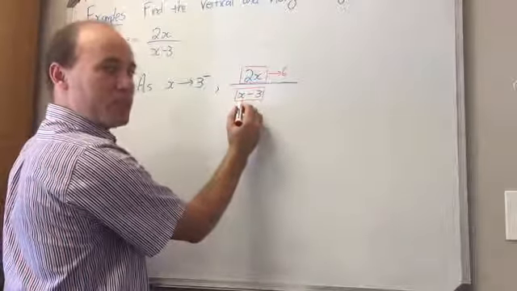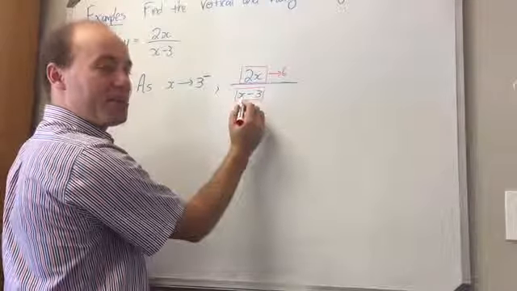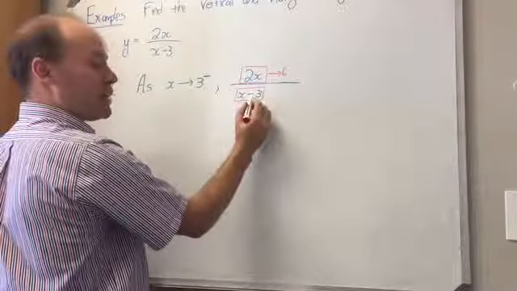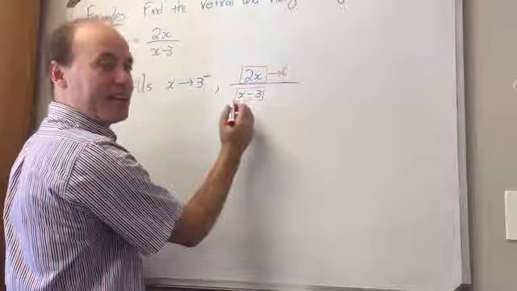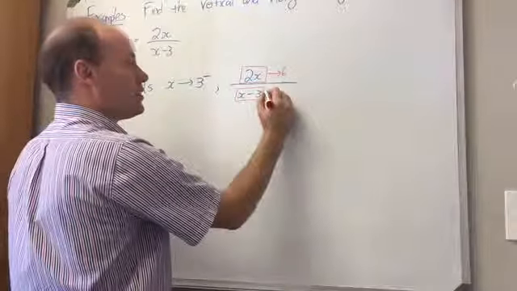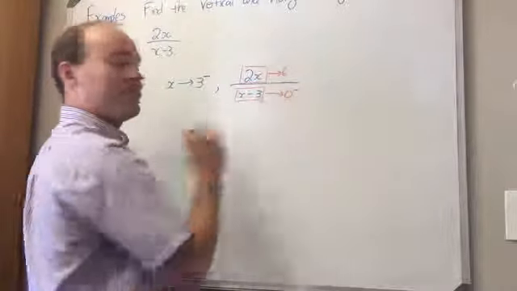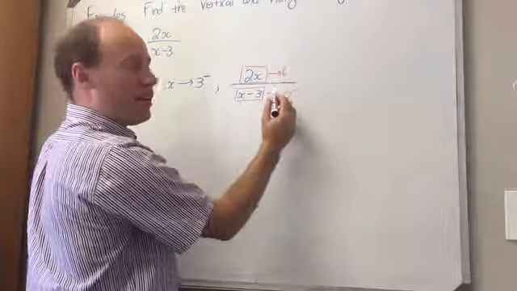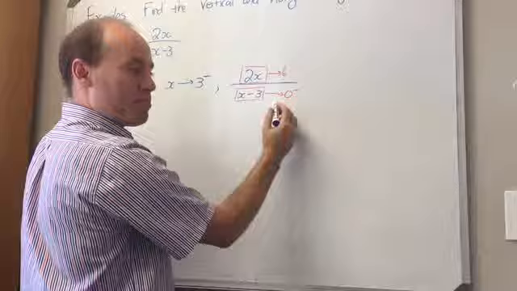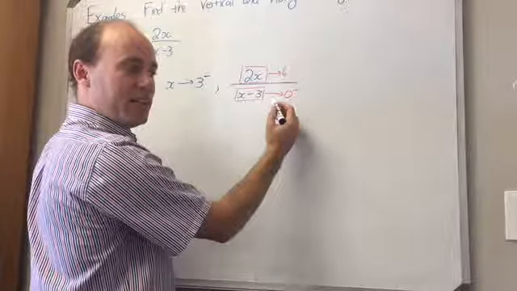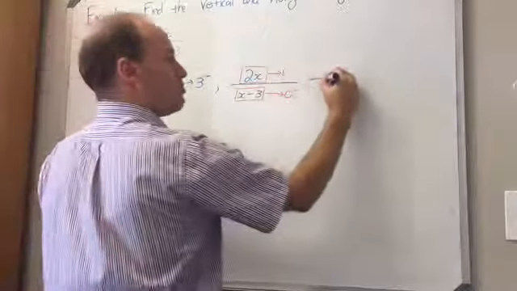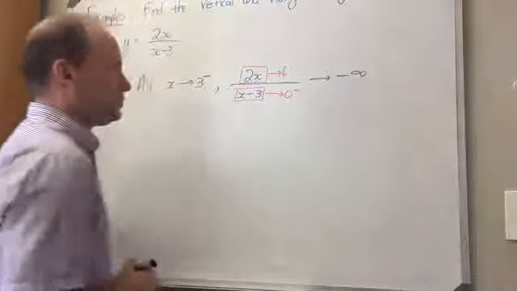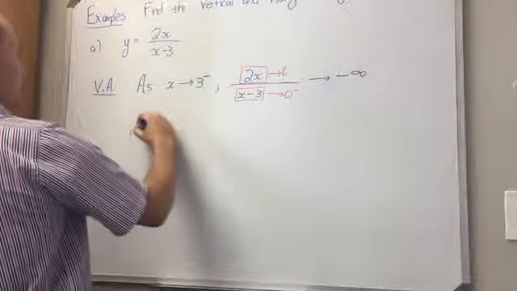In other words, 2.8, 2.9, 2.95, 2.98. So when you subtract 3 from that, you'll be getting small negative numbers. So this is approaching 0 from the left. Therefore, we've got a positive number over a number approaching 0 from the left, which would then tend towards minus infinity.